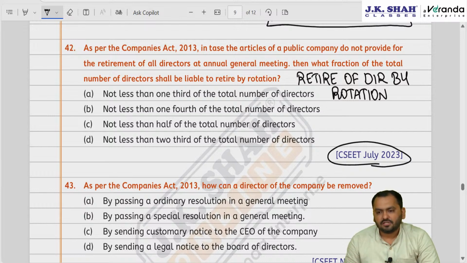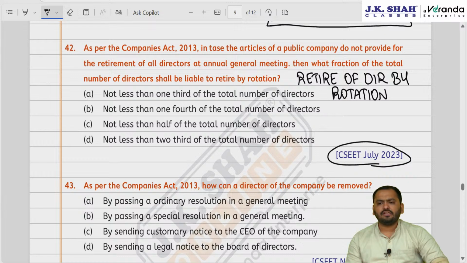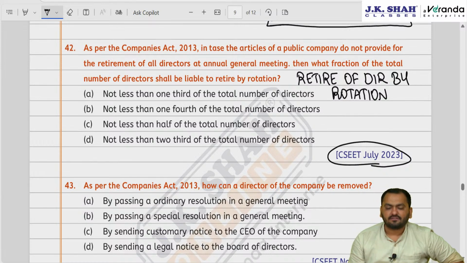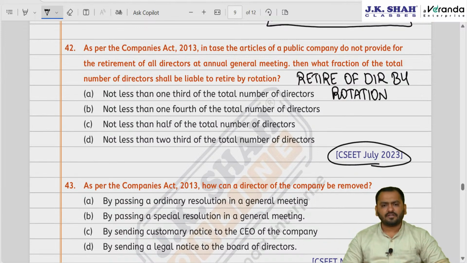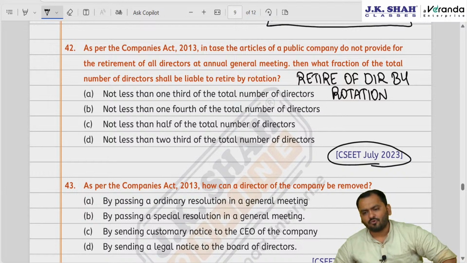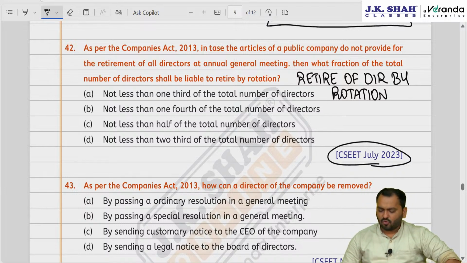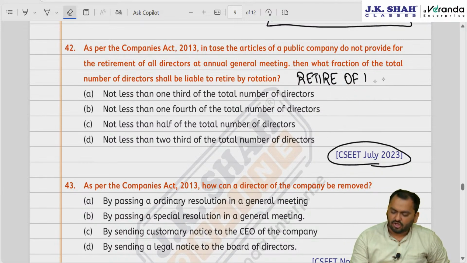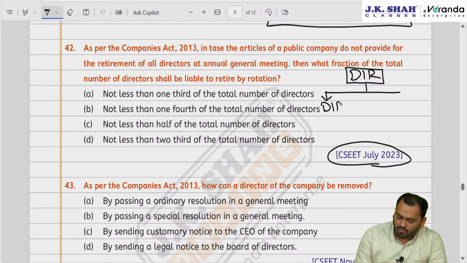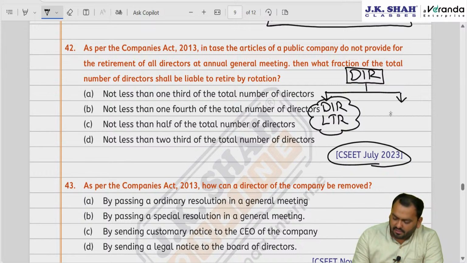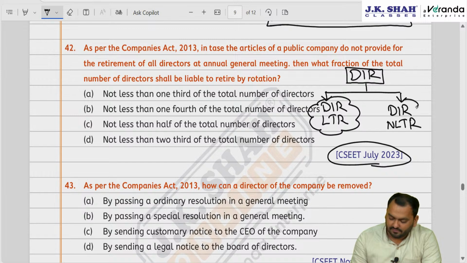Retirement of directors by rotation. Generally, the rules related to retirement of directors are given in the articles of association of the company, and if nothing is given about retirement of directors in the AOA, in such a case you have to follow what is given in the Companies Act. So what does the Companies Act say?